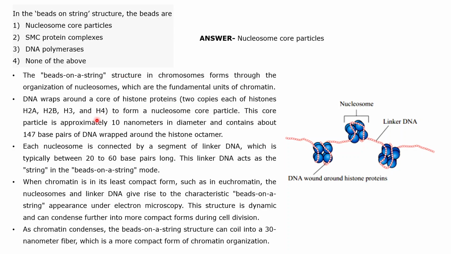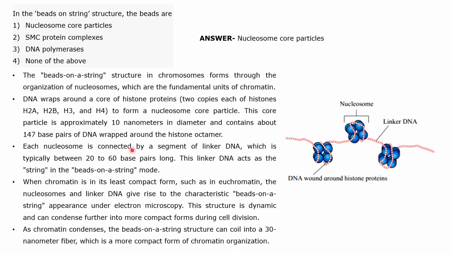This core particle is approximately 10 nanometers in diameter and consists of about 147 base pairs bound to it, right? So it wraps around about 1.67 times, and each wrap consists of about 147 nucleotides or base pairs of the DNA wrapped around it.